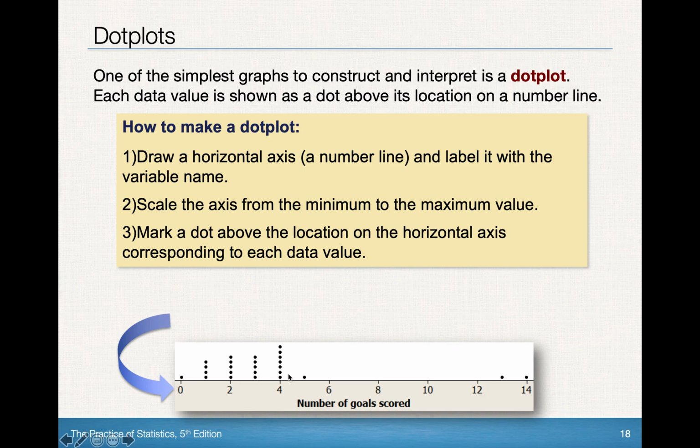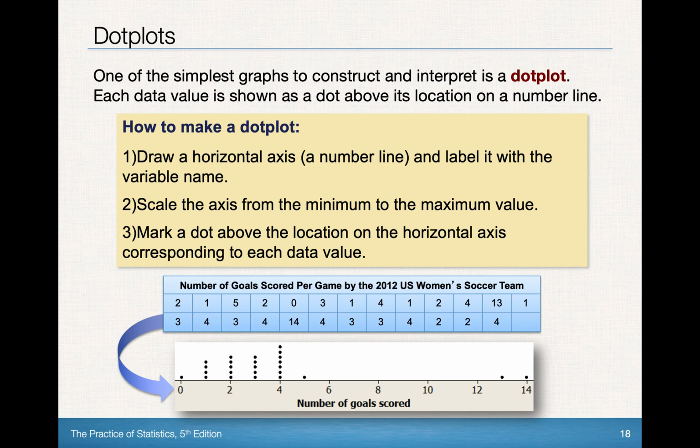So in our case, each data point represents a game. So we have 1, 2, 3, 4, 5, 6, 7, 8, 9, 10, 11, 12, 13, 14, 15, 16, 17, 18, 19, 20, 21, 22, 23, 24, 25 total games. And then each dot will represent how many goals were scored in that game.